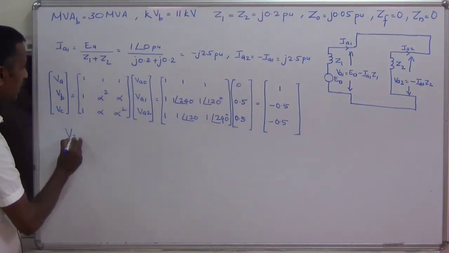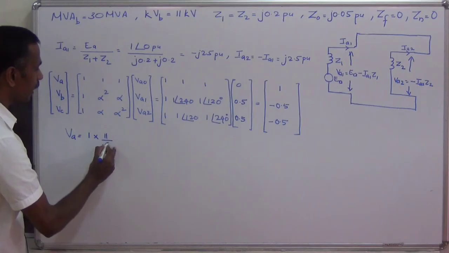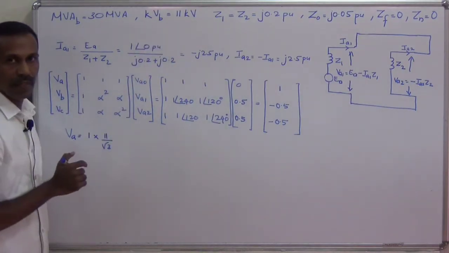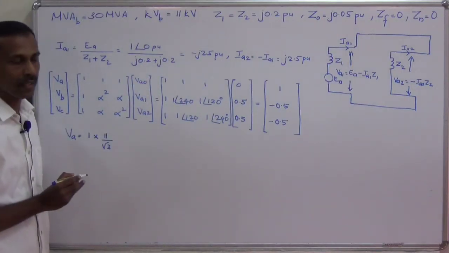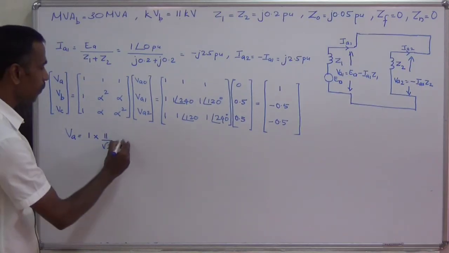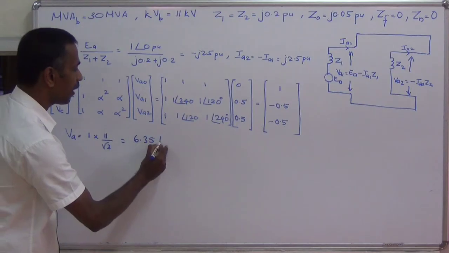So what is VA here? It is 1 into the base phase voltage, which is 11 by root 3, because the base line voltage is 11 kV. So the base phase voltage is 11 by root 3. So this is equal to 6.35 kilovolt.